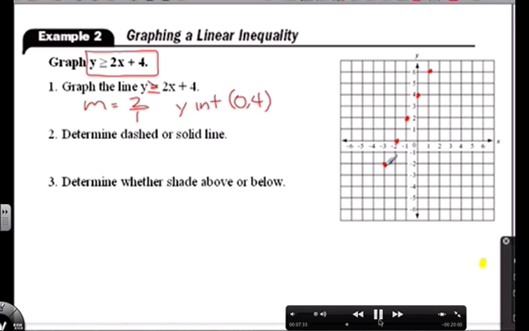If you have greater than or less than, it'll be a dashed line. If it's greater than or equal to, less than or equal to, it will be a solid line. So in this case, we have greater than or equal to, so I'm going to draw a solid line connecting my dots.